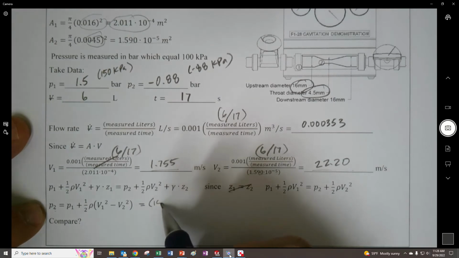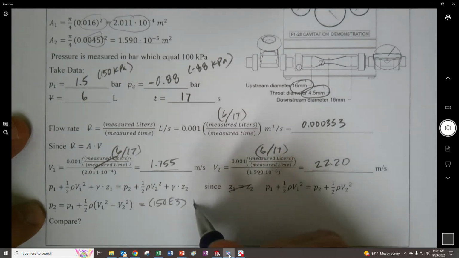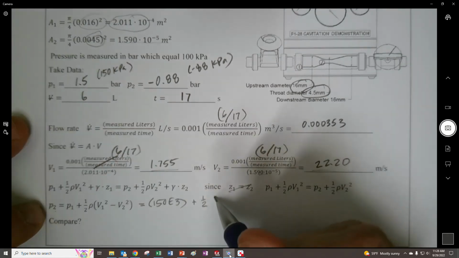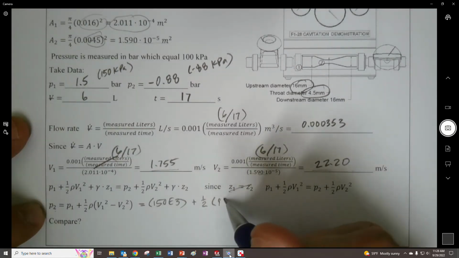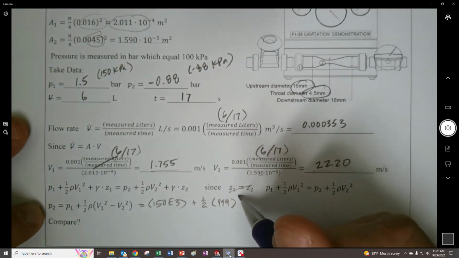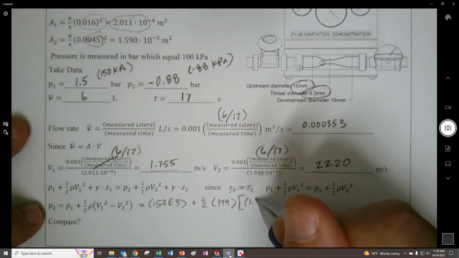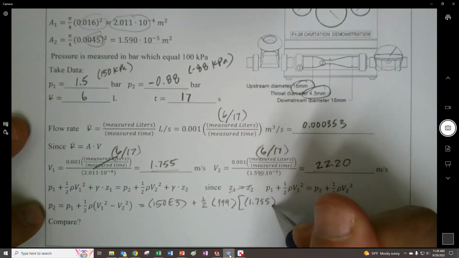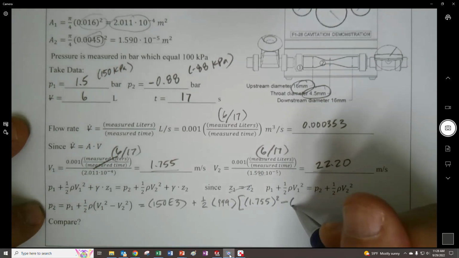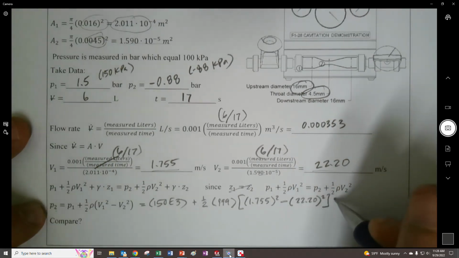So I had that 150, and I'm using newtons per meter squared here, plus 1/2 times my density, which is 999 kilograms per cubic meter because it's water, times 1.755 squared minus 22.20 squared.